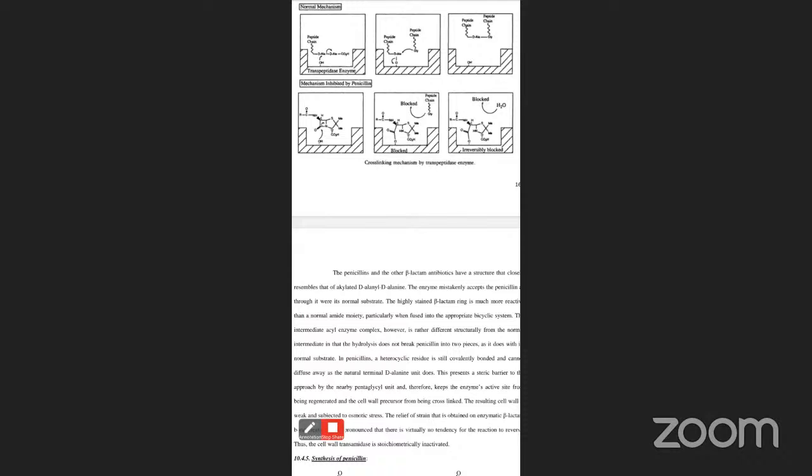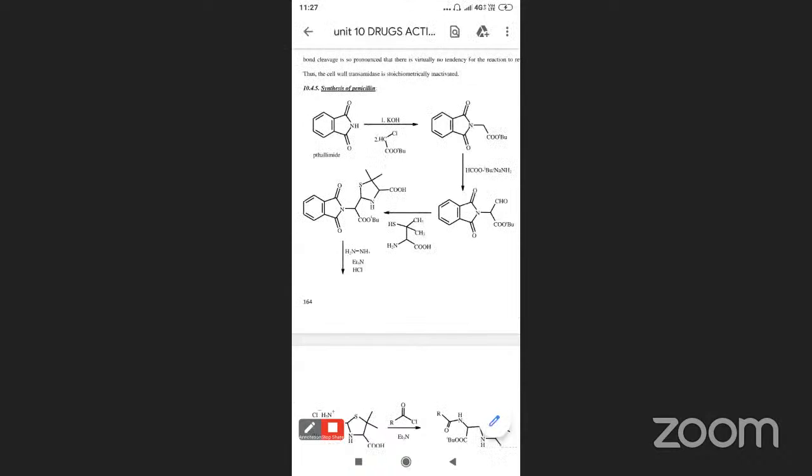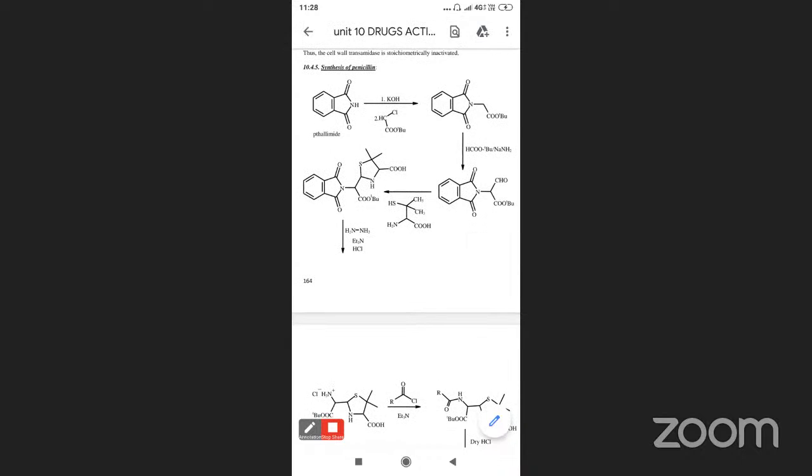The thalidomide is condensed with the tertiary chloro butanoate ester in the presence of potassium hydroxide, where you can see the formation of the N substitution.